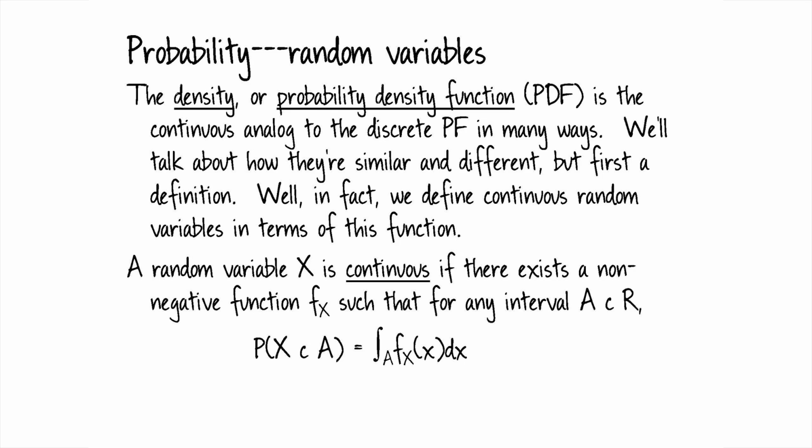So let me just do that. A random variable x is continuous if there exists a non-negative function, f sub x, such that for any interval A in the real line, the probability that x is in A is just equal to the integral over that region A of the PDF, f sub x.